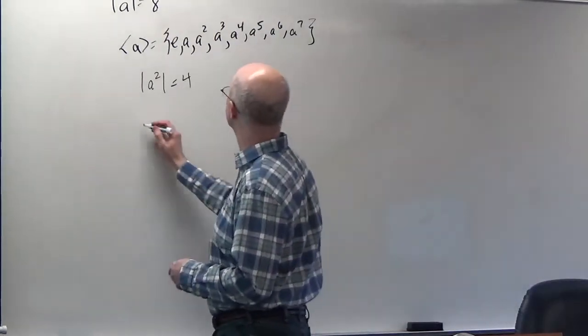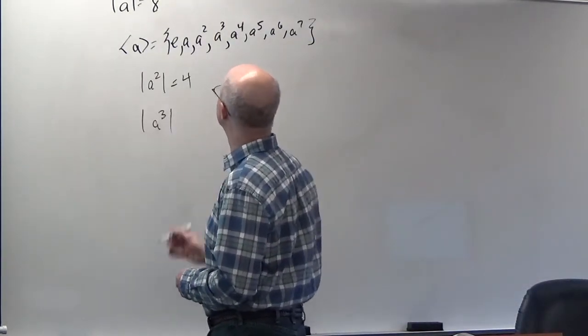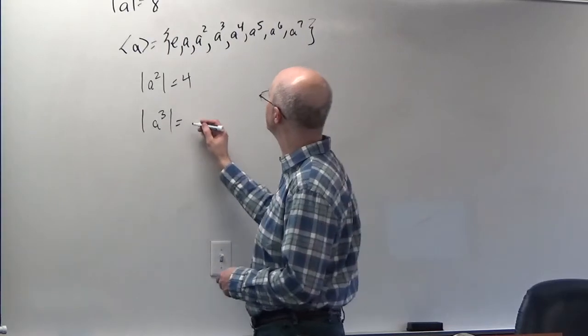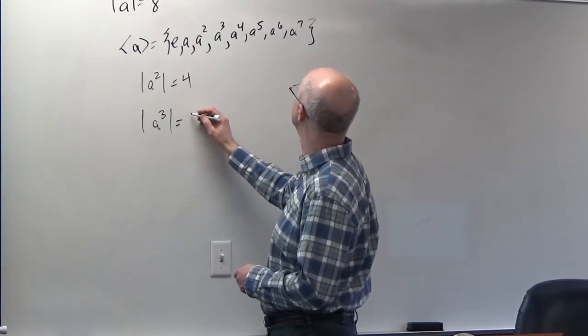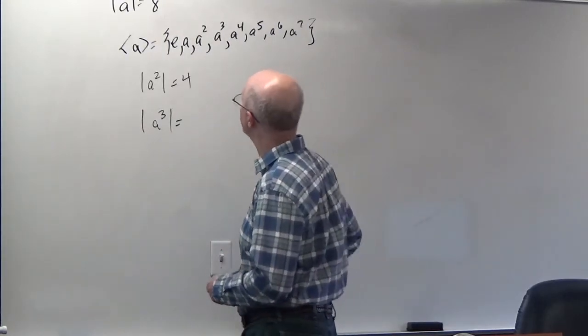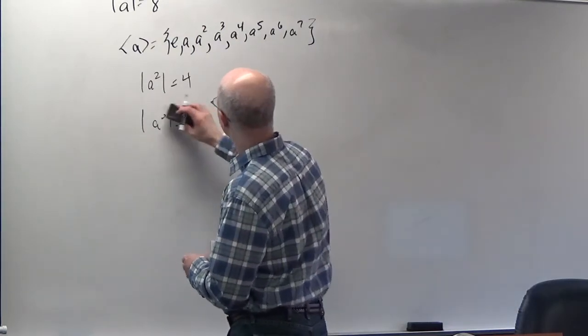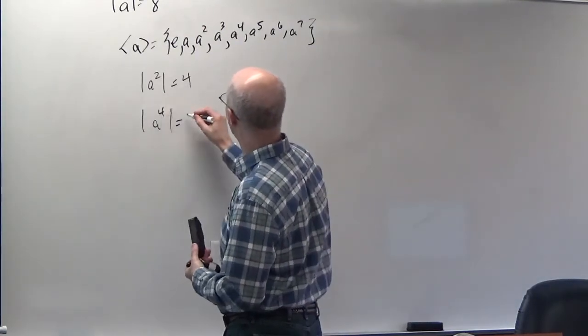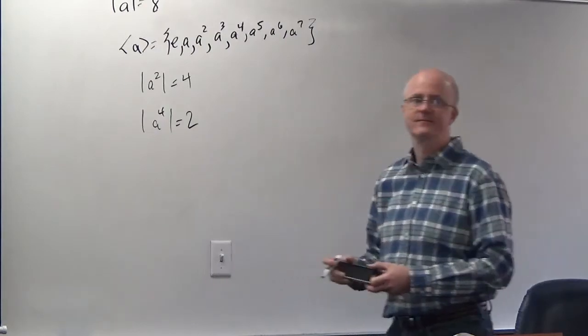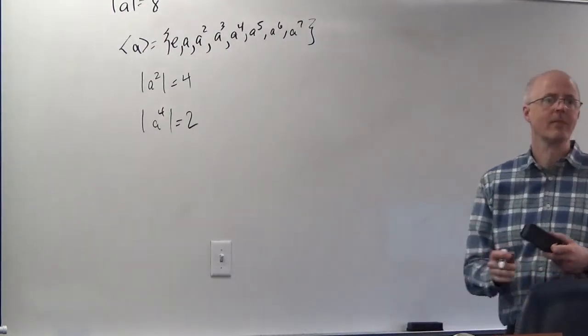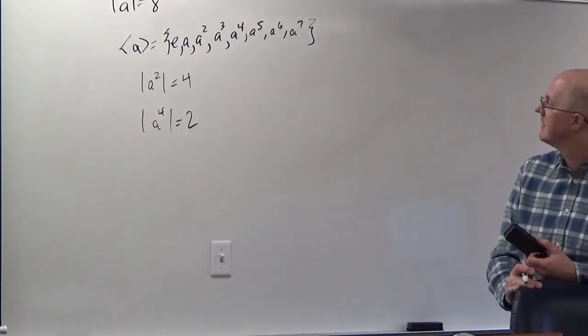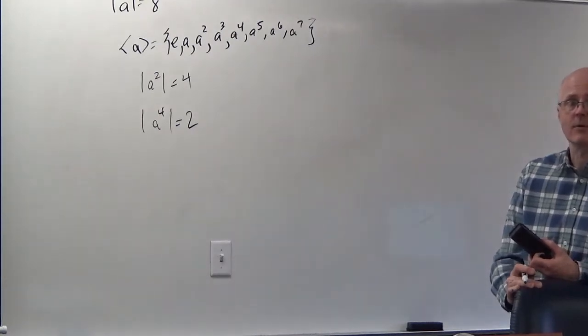And the order of A to the 4th is going to be 2. Right? A to the 4th squared is E.